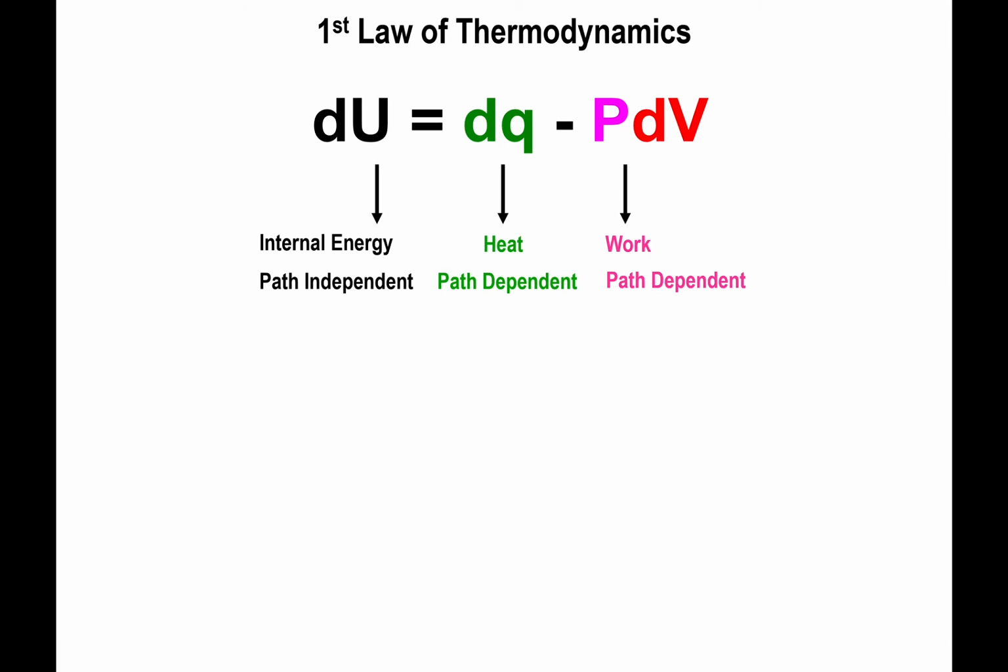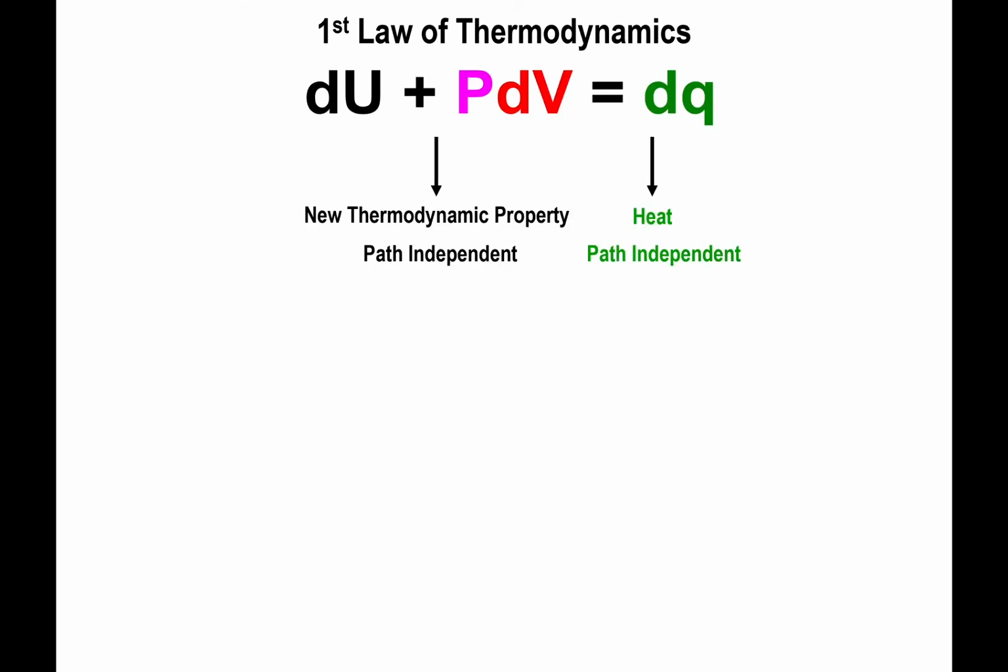Okay, so the way we basically trick the system into becoming a path-independent function is to subtract the changing work from both sides. So we have internal energy minus dW, which is the same thing as saying internal energy plus PdV equals the changing heat.